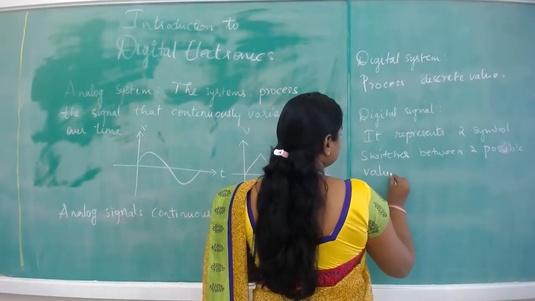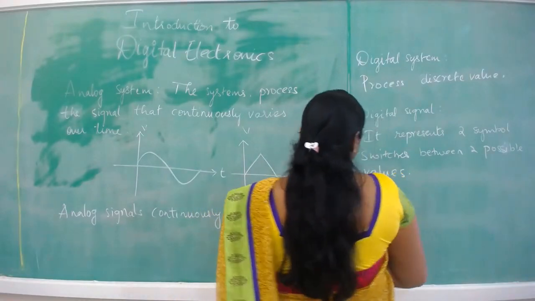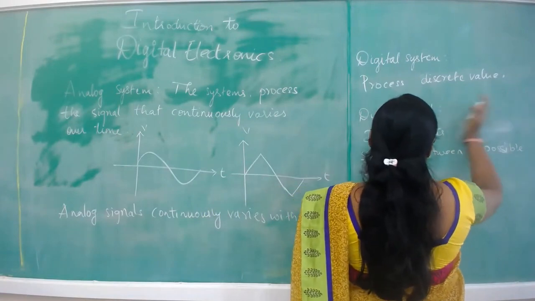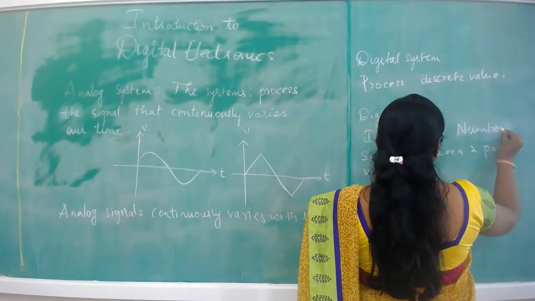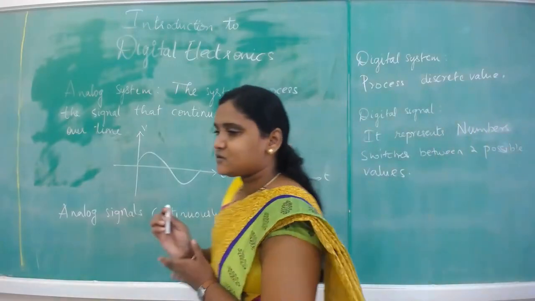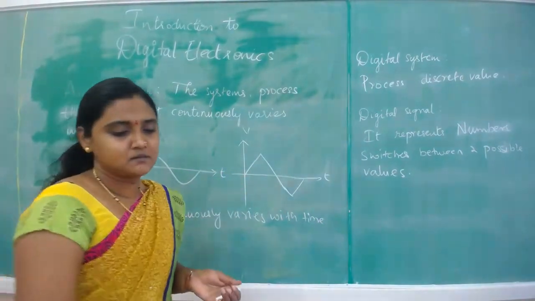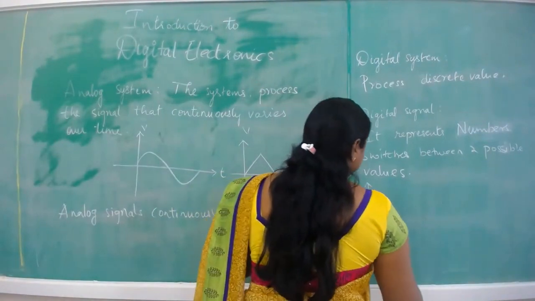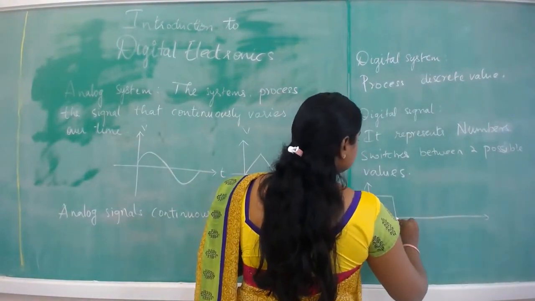Otherwise, it will represent numbers. Digital means which will be having digits naturally, so it will be dealing with the numbers, right? It will be having only two types of signals.